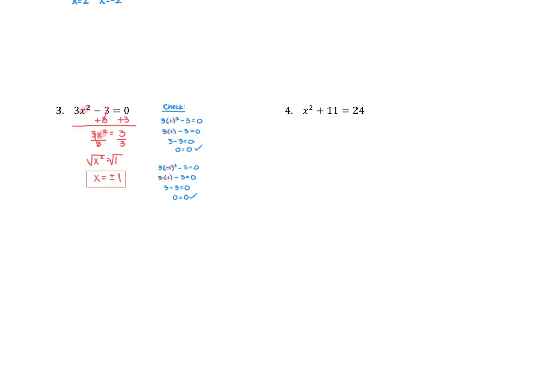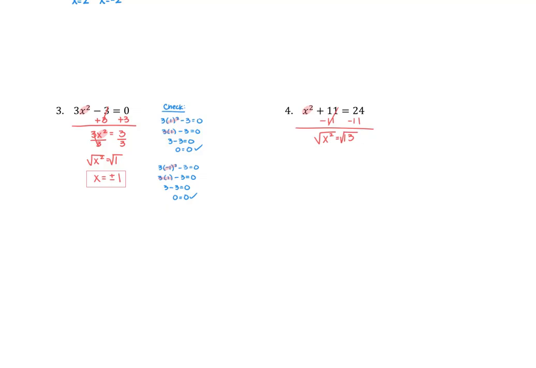All right, number 4. Again, I want to isolate that x squared, so I'm going to subtract 11. That gives me x squared equals 13. My x squared is isolated, so I'm ready to take the square root.